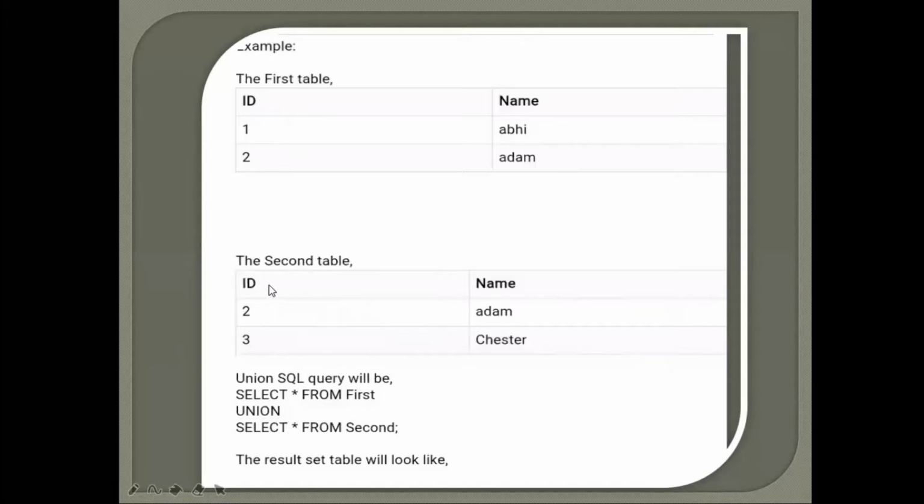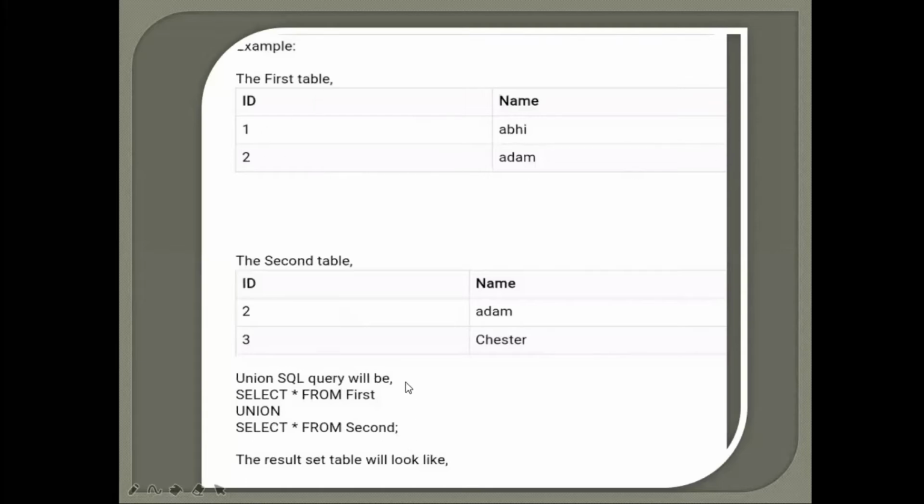Now we have to union these tables. As we said, in binary operators we always give two tables as an input. This is my first table and this is my second table. I have to combine both with the union operation. So the query goes like: select star from first. Star here basically means choosing all the attributes from a table.